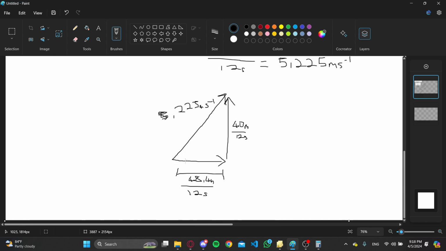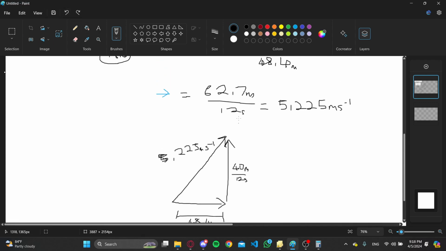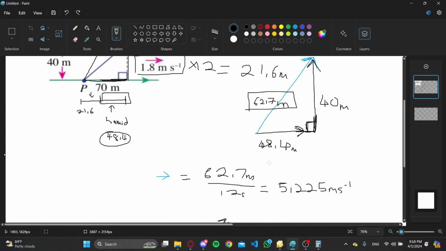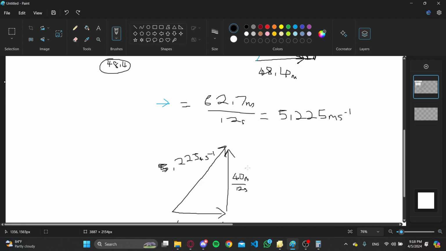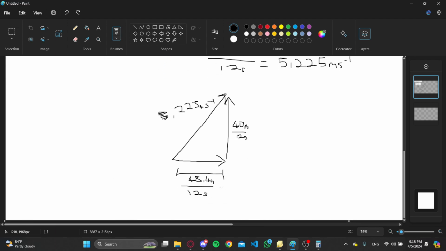This is the speed of Hamid's boat in the pure right direction, and this is the pure up direction. And let's add the river to this and see what happens.